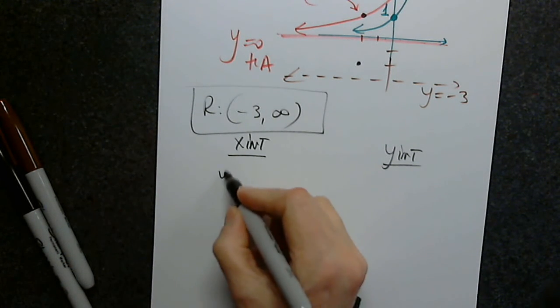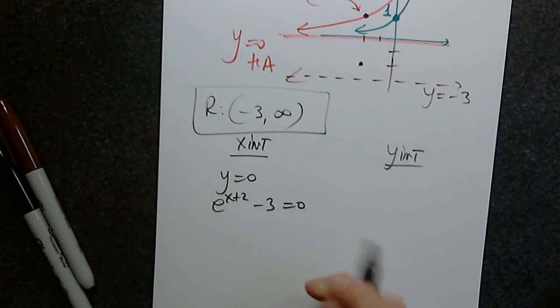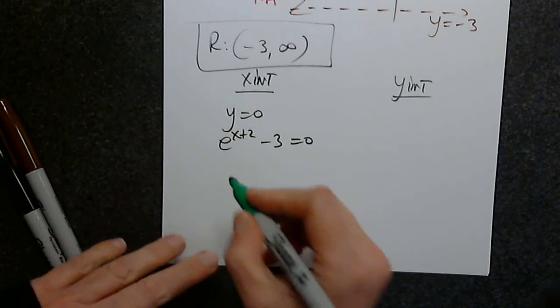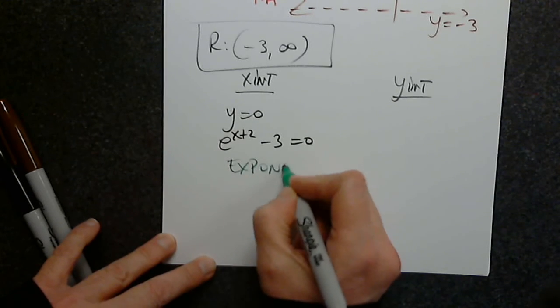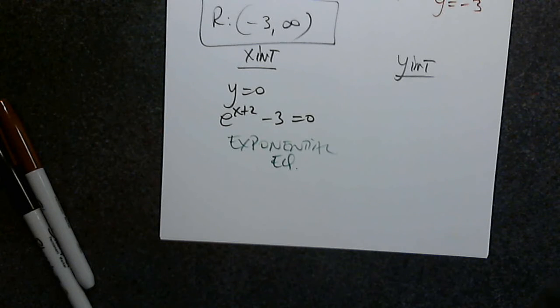I said y equal to 0, which means e to x plus 2 minus 3 equals 0. Perfect. What do I do? What type of equation is it? Exponential. Very good. Exponential equation, because the exponent is the variable.